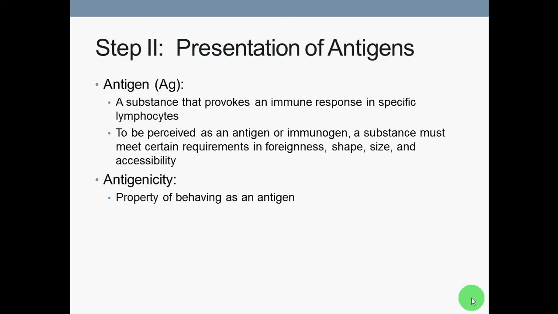It has to be very different from your own cells. It has to be a certain shape, certain size, and it has to be accessible to the immune system. Antigenicity is just another way of saying an antigen behaves as an antigen. An antigen, one of these molecules, can elicit an immune response.